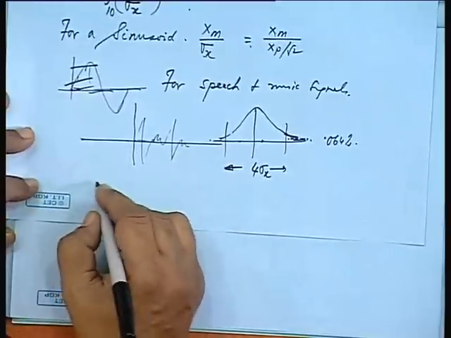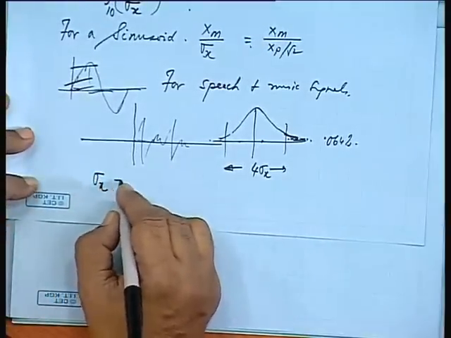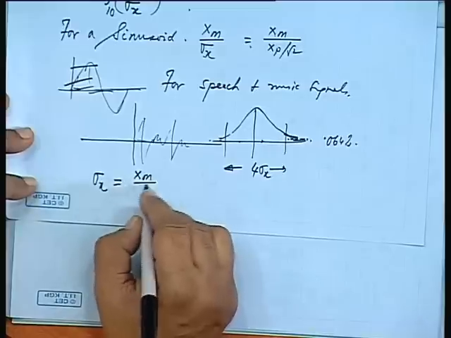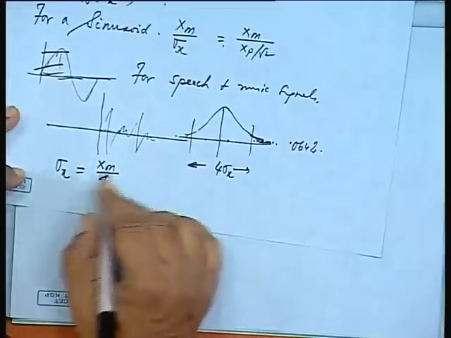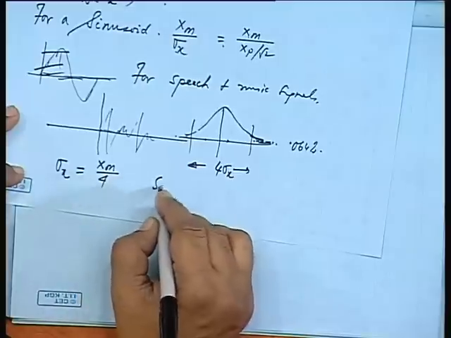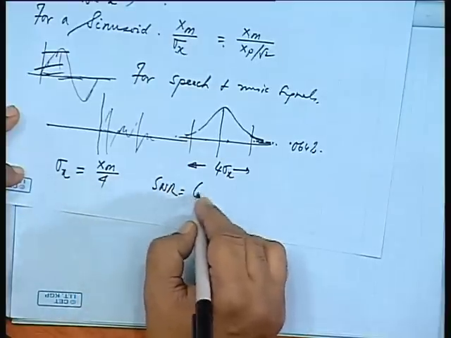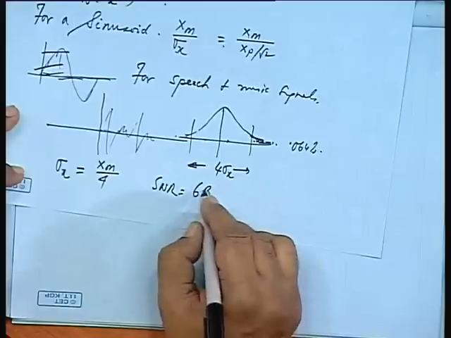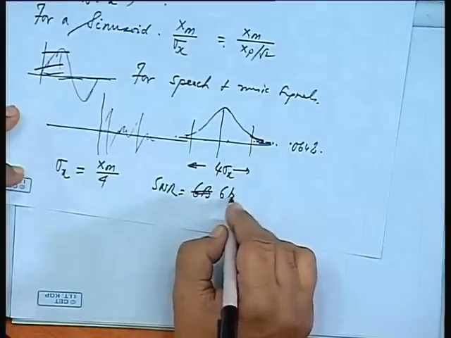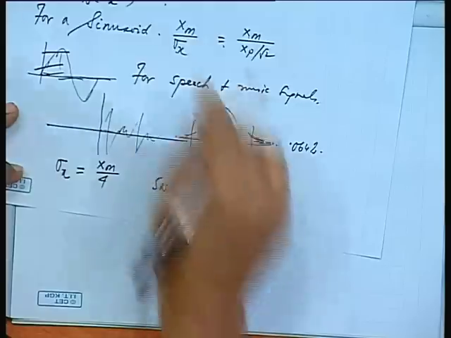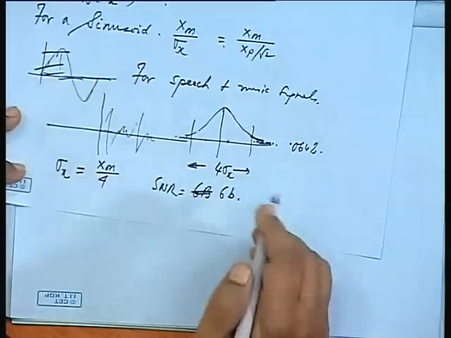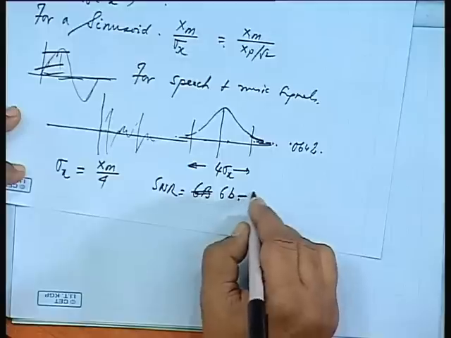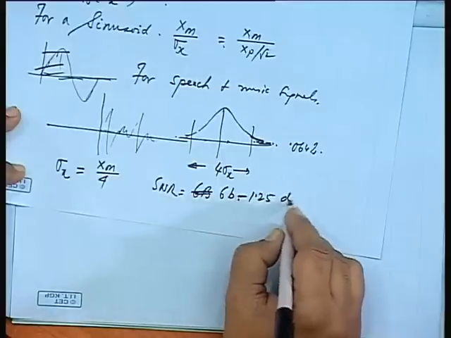Therefore, if you adjust sigma x to xm by 4, then SNR will be 6b, where b means bit length minus 1, minus 1.25 dB.